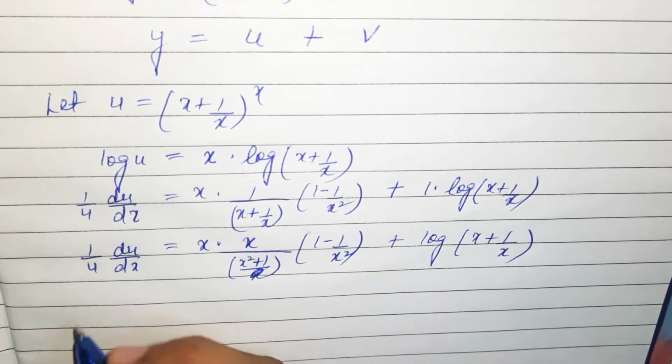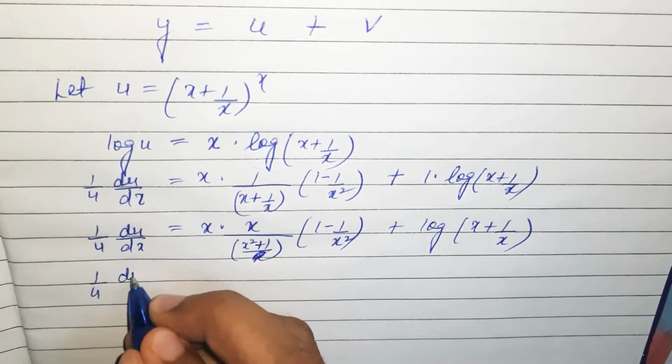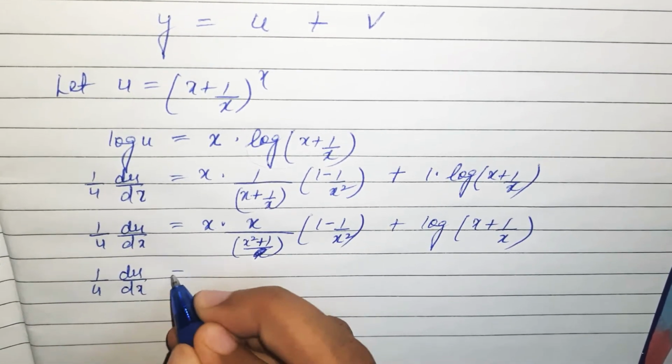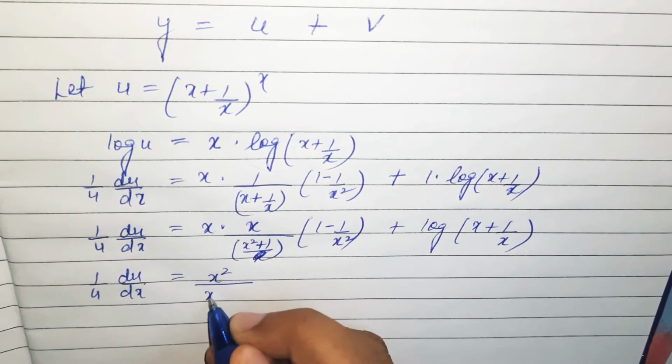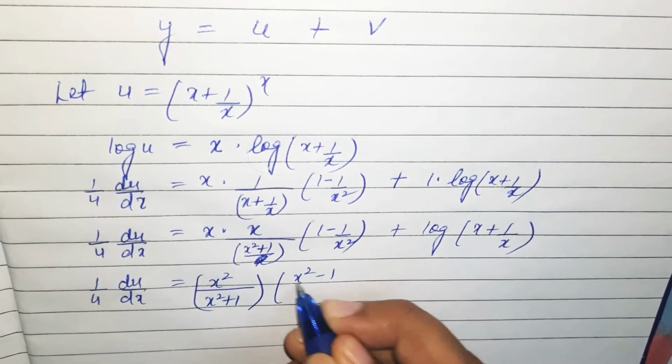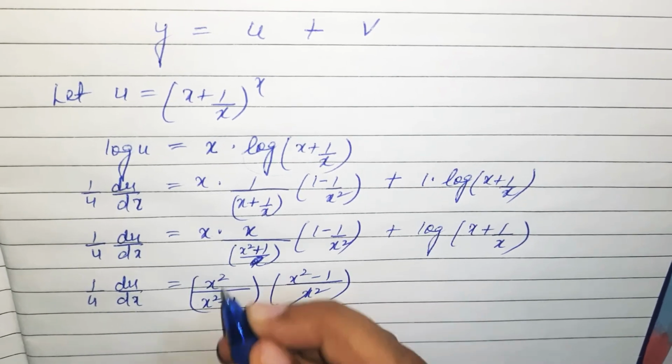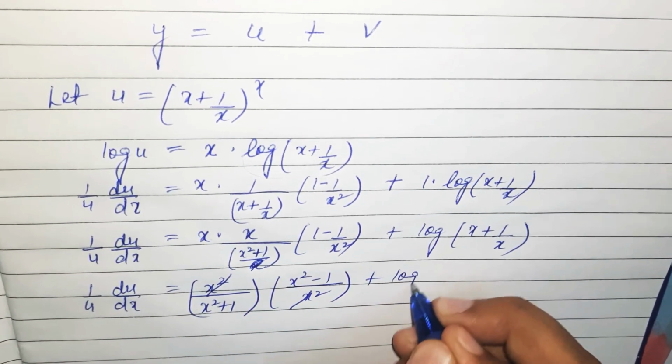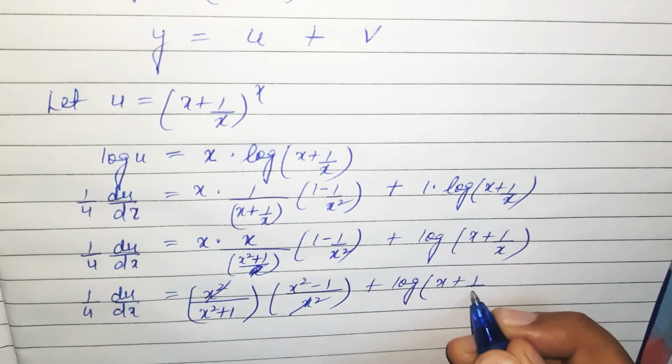After getting this, I am getting 1/u du/dx. So this is x²/(x² + 1). While taking LCM, this is (x² − 1)/x². This will cancel out, plus log of (x + 1/x).